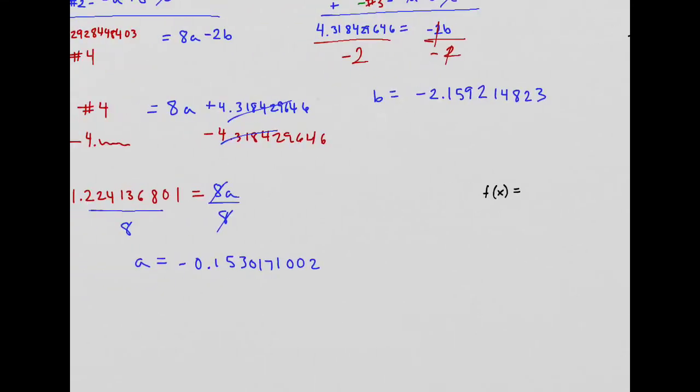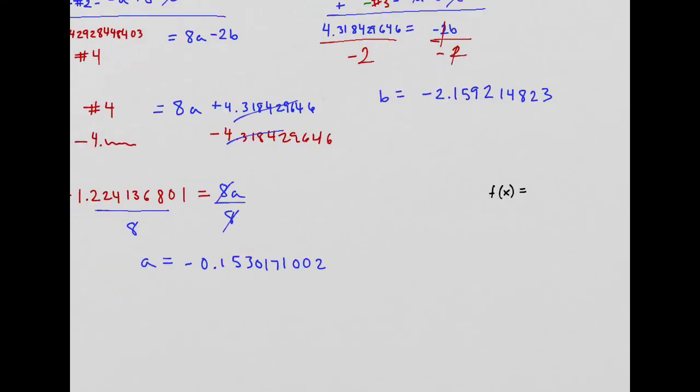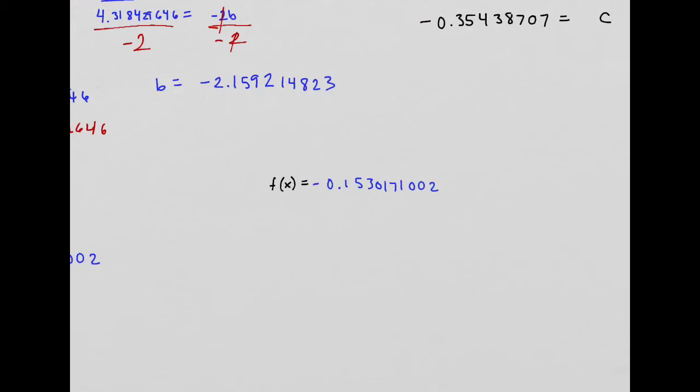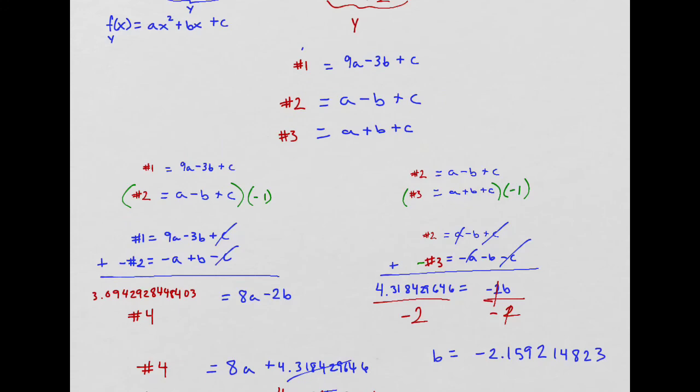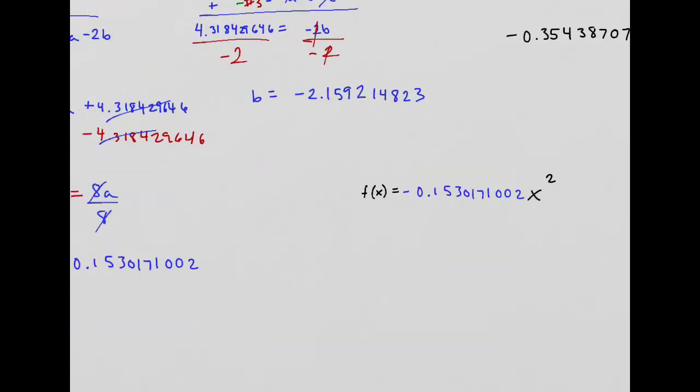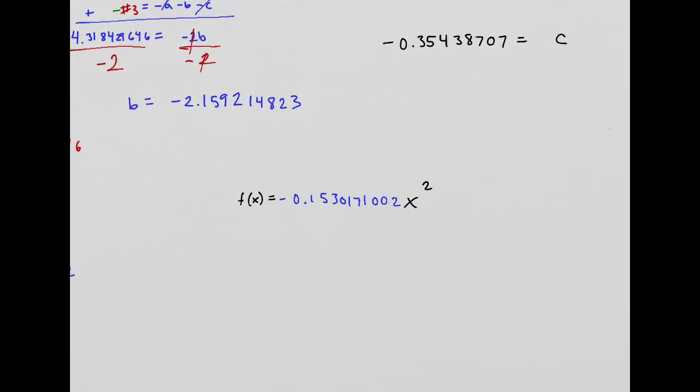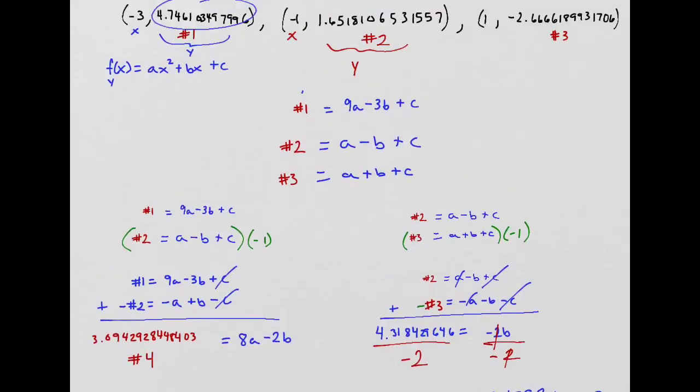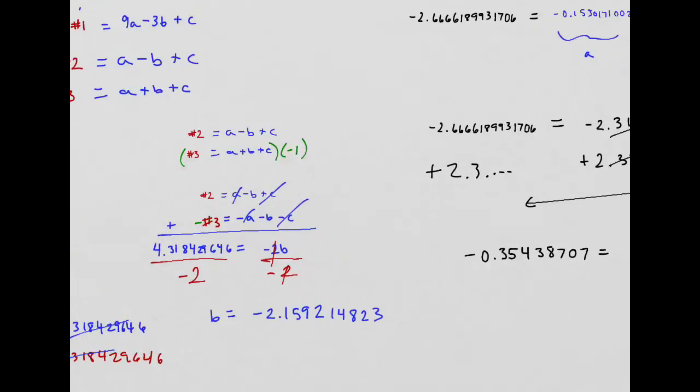F of x equals whatever A is. So that's A times x squared, right? Because that's what I have, A x squared. And then plus B x, but B is negative, so I'll actually say minus. So there's B, and then I have x because it's B times x, and then plus C.